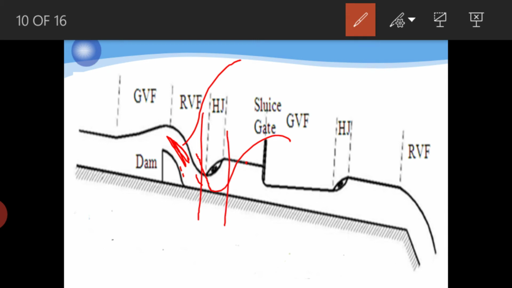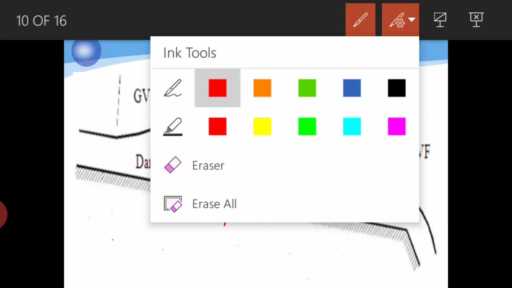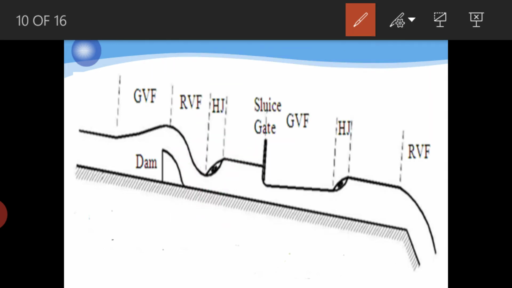Or let us take one more condition where you get a hydraulic jump. Let us take this sluice gate. Okay, this is the gate provided here. This is the water behind the gate. When you open this gate partially, you just lift it up.